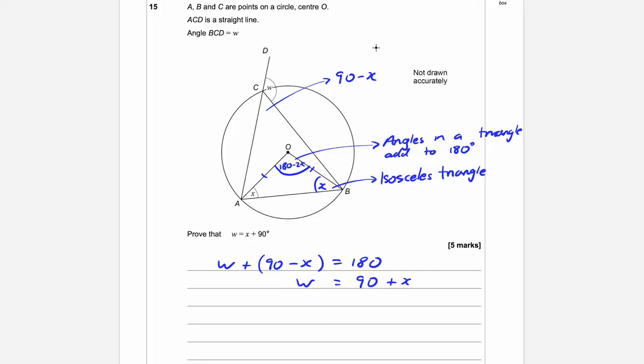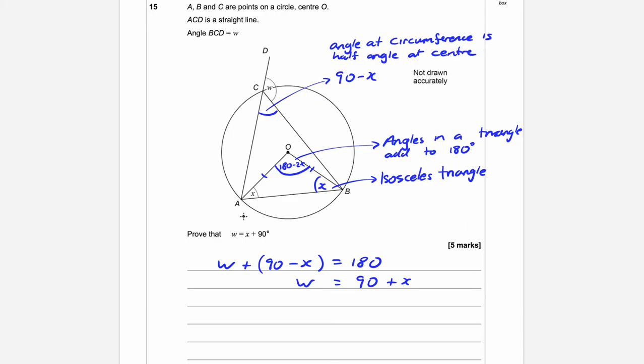And here, angle at circumference is half angle at center.